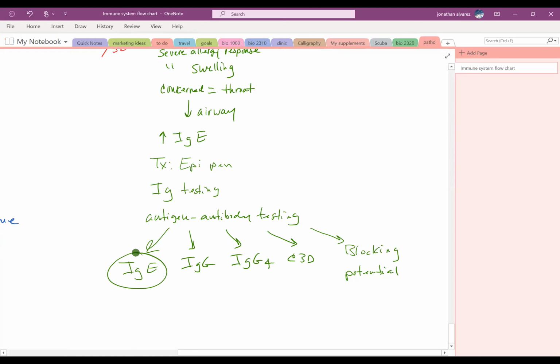Okay, and you can do this for just about anything. It's an antigen antibody test, and you're looking to see if their immunoglobulin E's are, shall we say, spinning out of control if you consume whatever it is that is causing the problem.